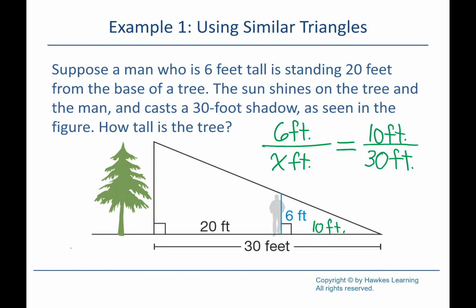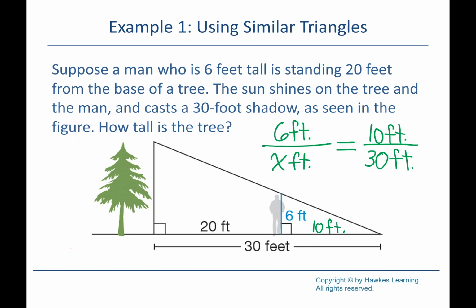I know these can seem overwhelming when you first look at them, but try not to look at everything all at once. Try to break it down into little pieces. First thing we had to see is we had similar triangles there, and then we know we're going to have to match up some corresponding sides, so we can start working on that, and then we can worry about solving the equation. So you don't have to think about everything all at once.